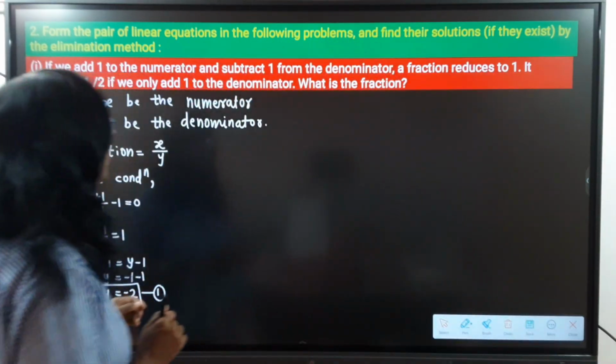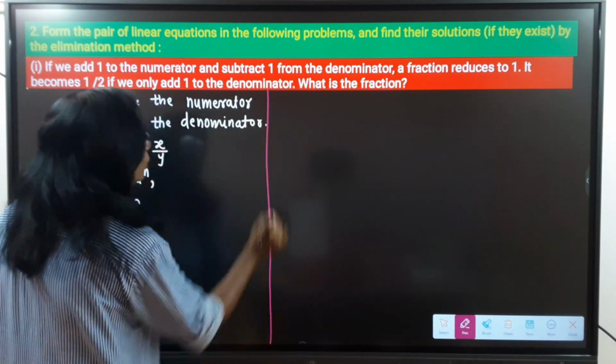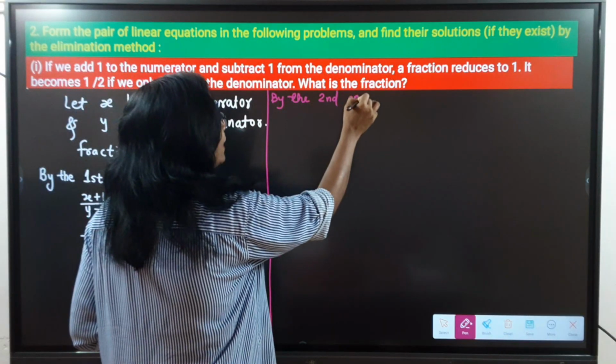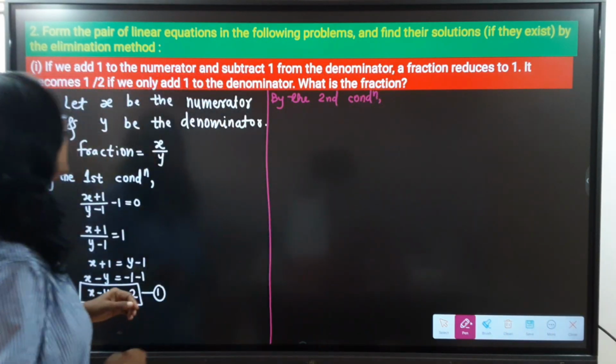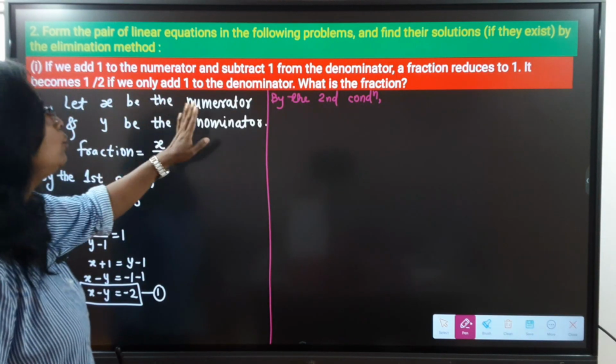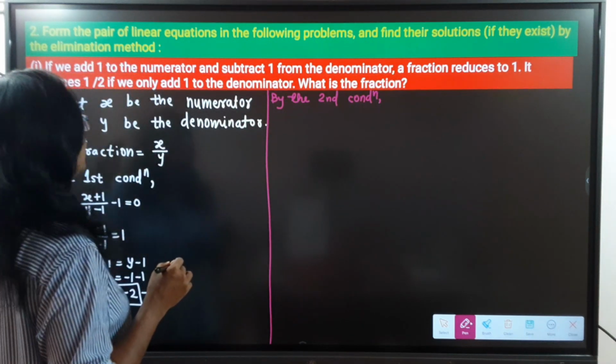Now by the second condition students, what is the second condition here students? So here I write down that by the second condition. The second condition says that it becomes 1 upon 2 if we only add 1 to the denominator. What is the fraction? Okay, we have to only add the 1.